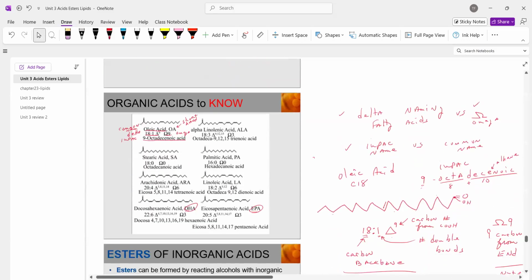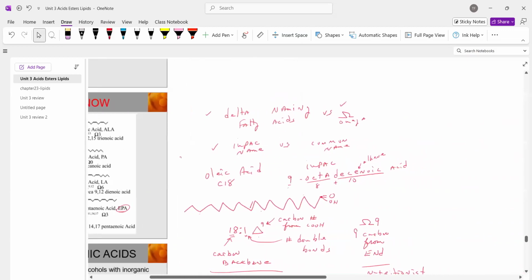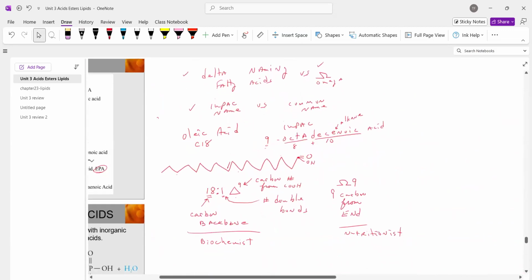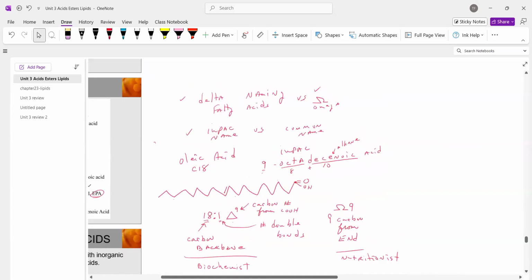Now, there are three ways to describe a fatty acid. There's omega, and you've all heard of omega-3 fatty acids as being super healthy, omega-6, omega-9, etc. That's one way.